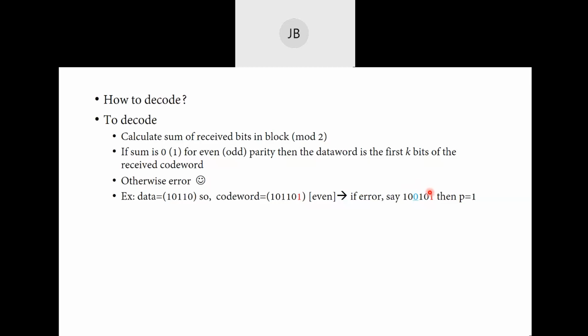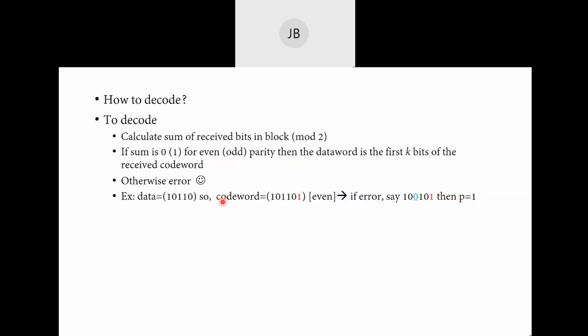Now we will compute the sum, that is mod 2 operation. 1 XOR 0 is 1, 1 XOR 0 is 1, 1 XOR 1 is 0, 0 XOR 0 is 0, 0 XOR 1 is 1. That means the sum, that is P, is equal to 1 here. But the coding scheme or coding method that we used is even parity.